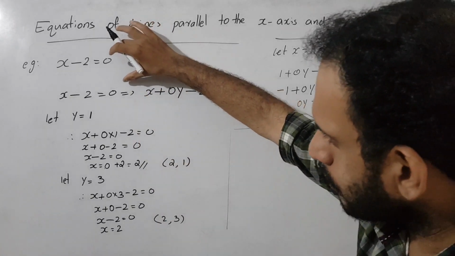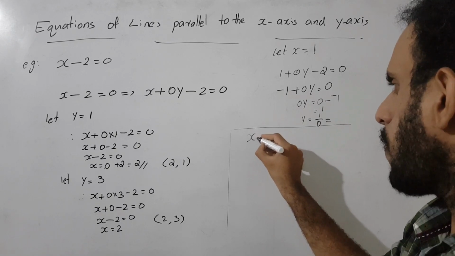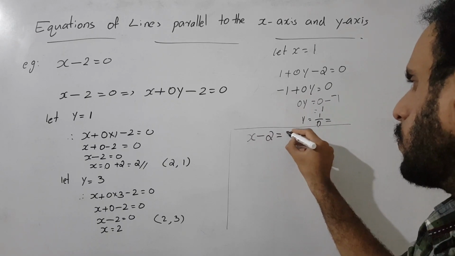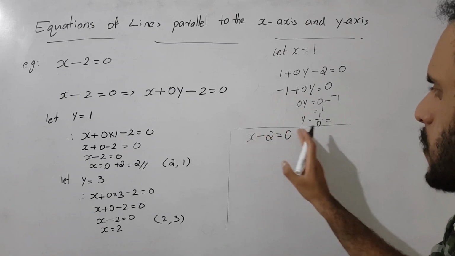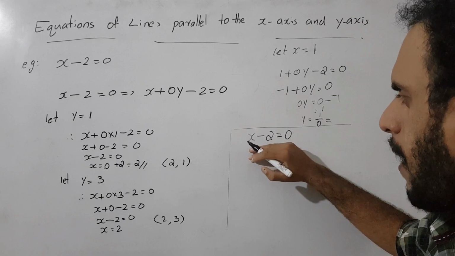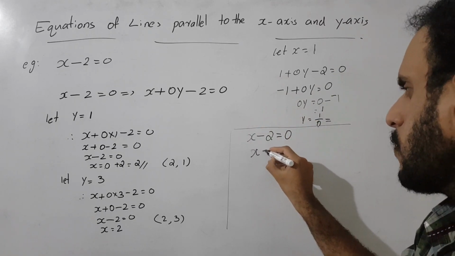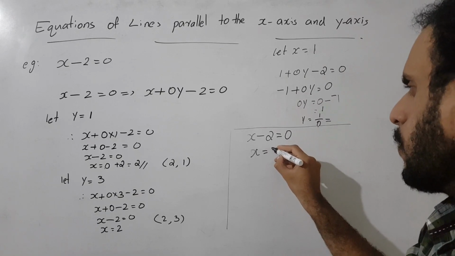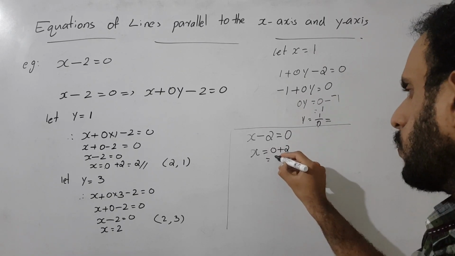To draw this type of equation, what is the next step? We get the equation x minus 2 is equal to 0. Then we just transpose minus 2 to the RHS. Then what will happen here? x is equal to 0 plus 2, correct? 0 plus 2 is equal to 2.